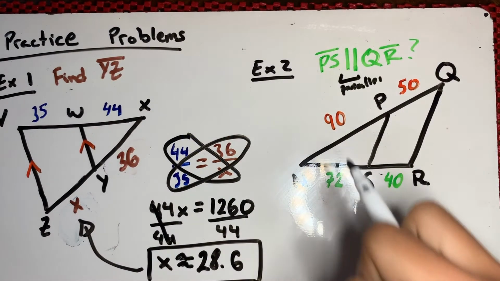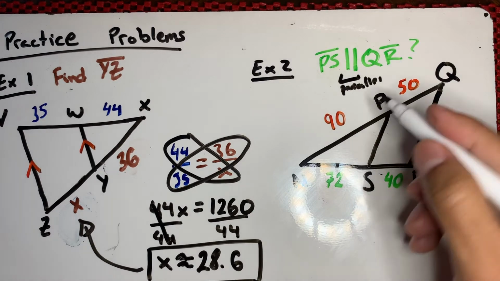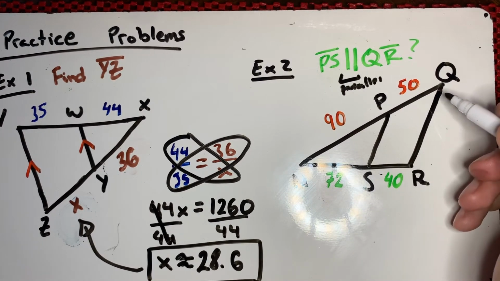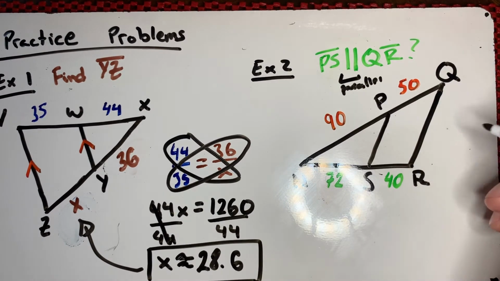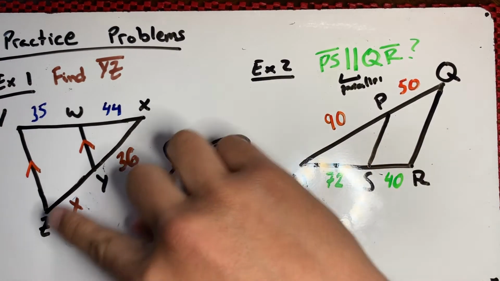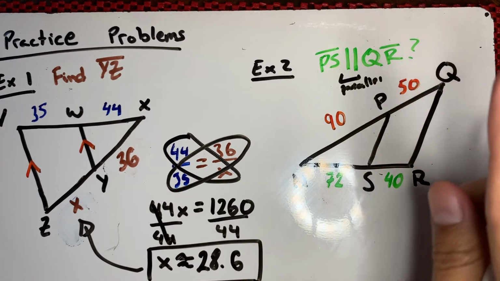Okay, and then for example 2, they want to know, is PS parallel to QR? So this would be like the shoe example that was earlier. The way we're going to do that one is, we know over here that they were parallel, so we were able to set them equal to each other. So if they're parallel, that means the ratio should be equal.